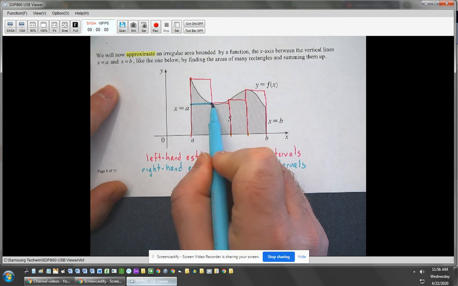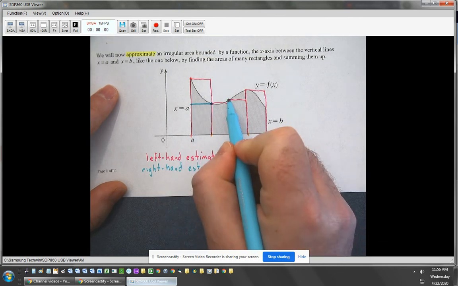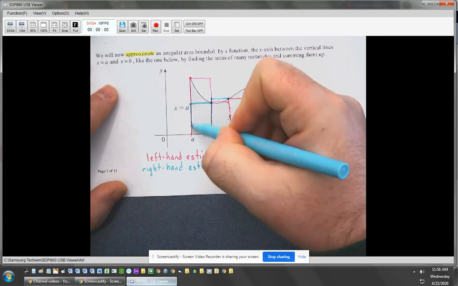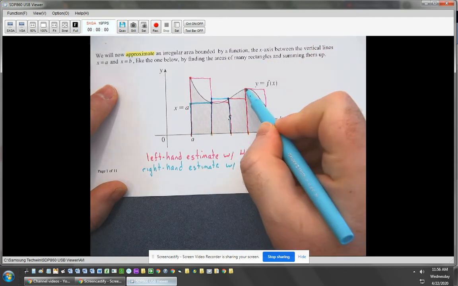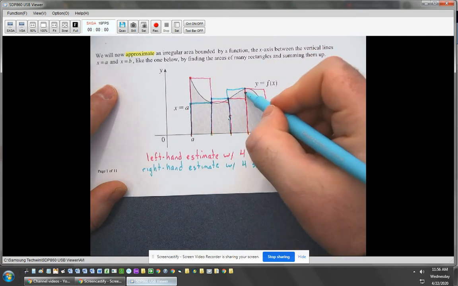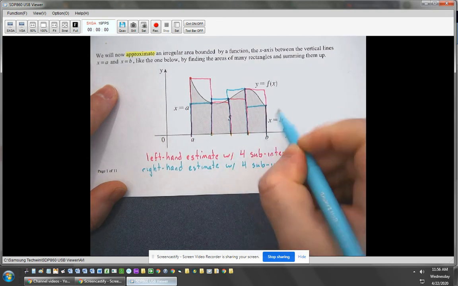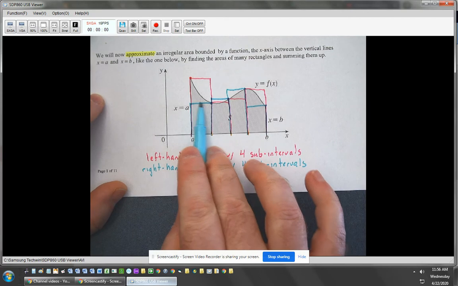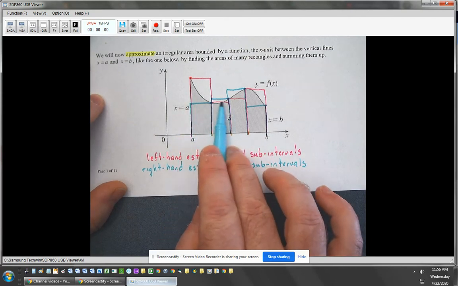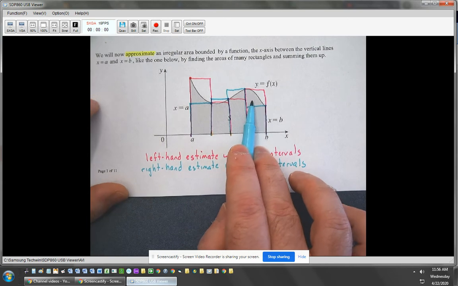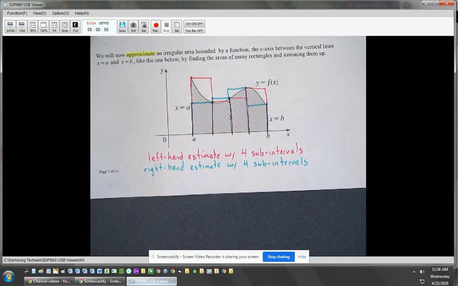This is the right end of it. So I would use this. I would go up to here. I would go up to here. Now this one's a real underestimate. This one's over. This one's an overestimate. This one's an underestimate, but the idea is it gets us close.